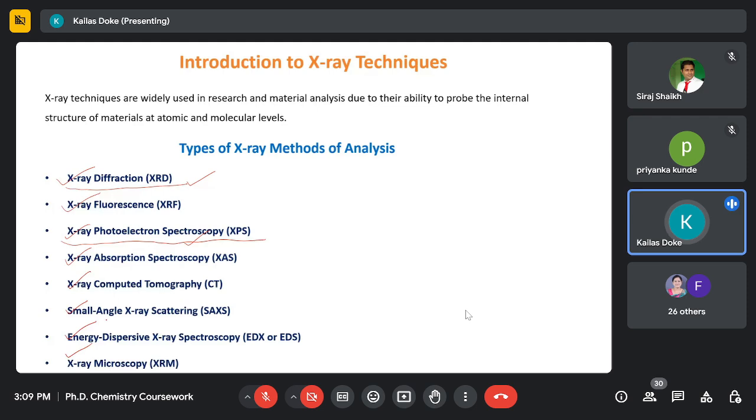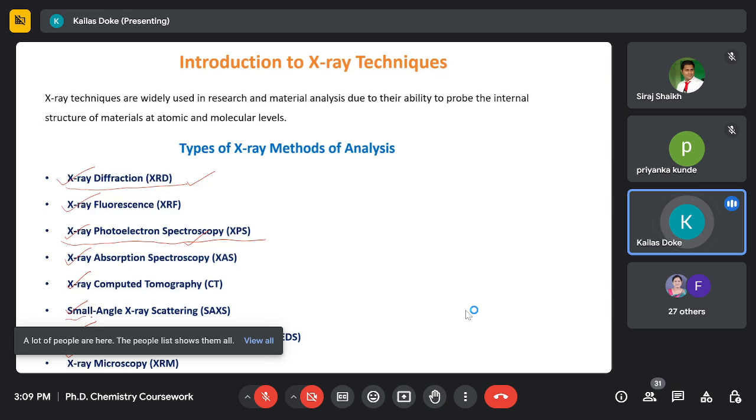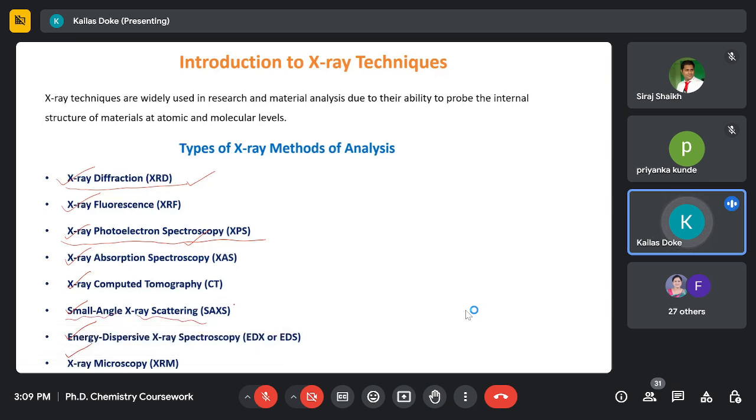In nanomaterials, nowadays, small angle X-ray scattering is also commonly used, and EDX or EDS, these two methods are commonly used.